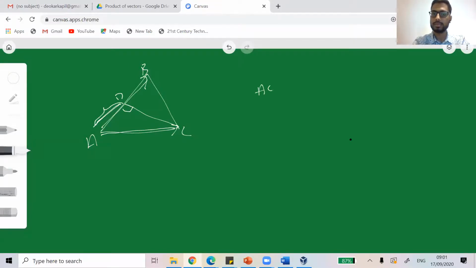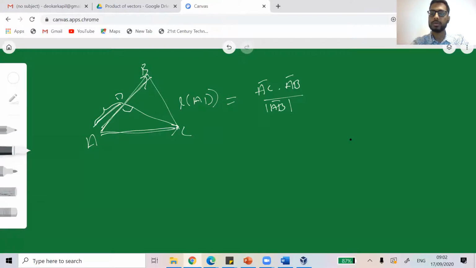Therefore, my formula is AC bar dot AB bar upon, since it is the projection of C onto side AB, the projection is upon side AB. Therefore, I'm going to divide by the magnitude of AB. Therefore, the length of AD is equal to the dot product AC dot AB upon the magnitude of AB.